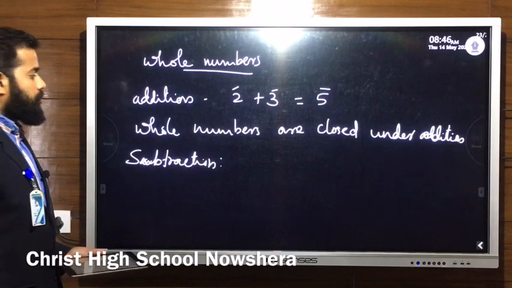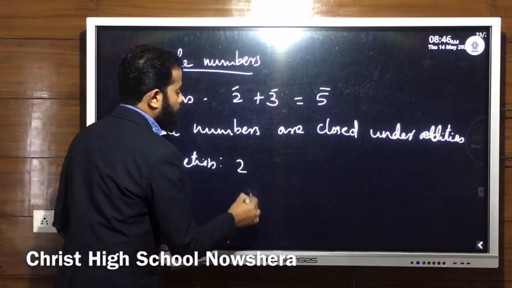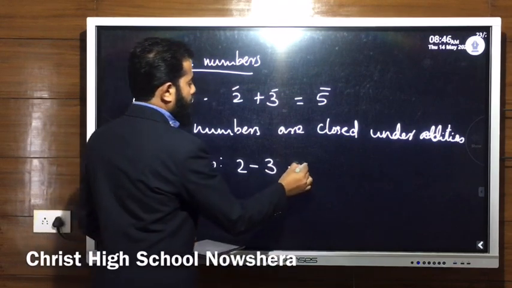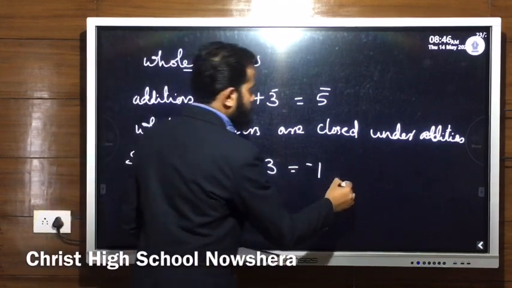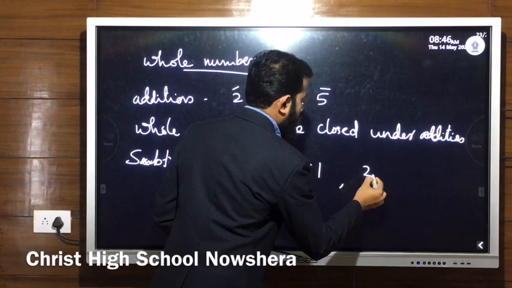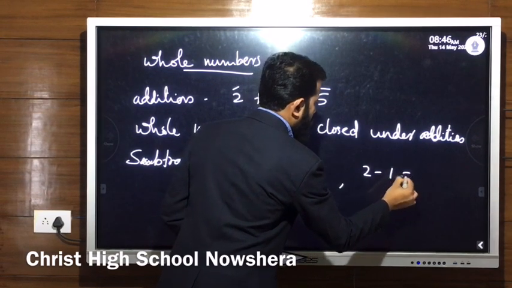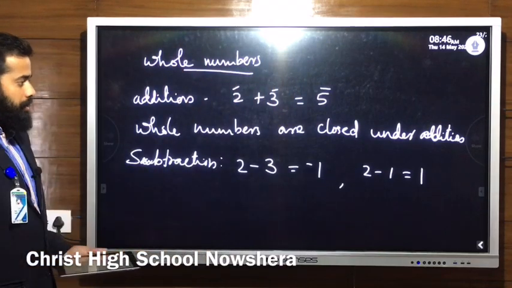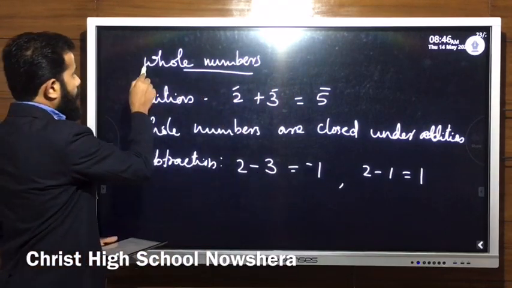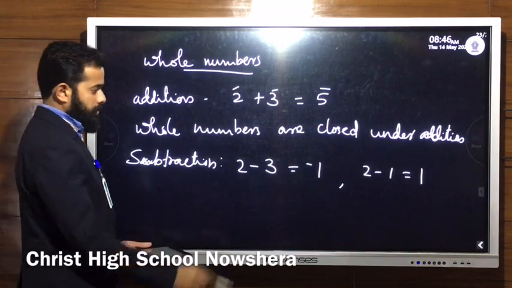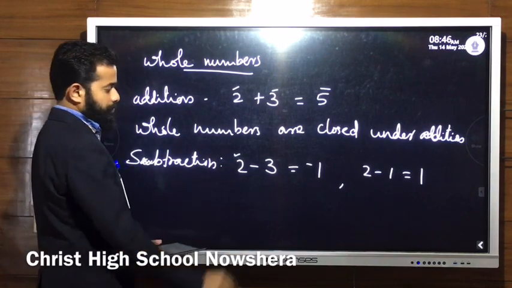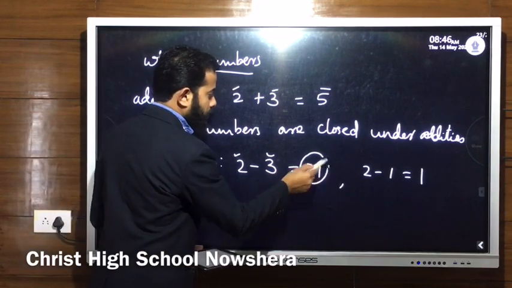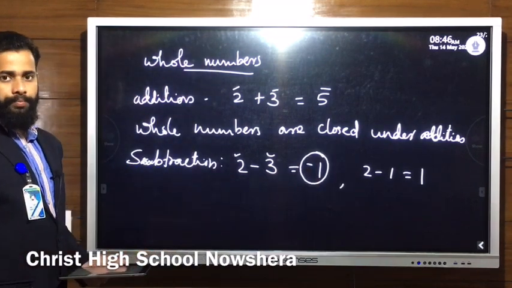Two whole numbers, we are choosing the same numbers, we can choose 2 minus 3 equals minus 1. 2 minus 1 equals 1. Now we can check. We are discussing whole numbers. 2 is a whole number, 3 is a whole number, but minus 1 is not a whole number.